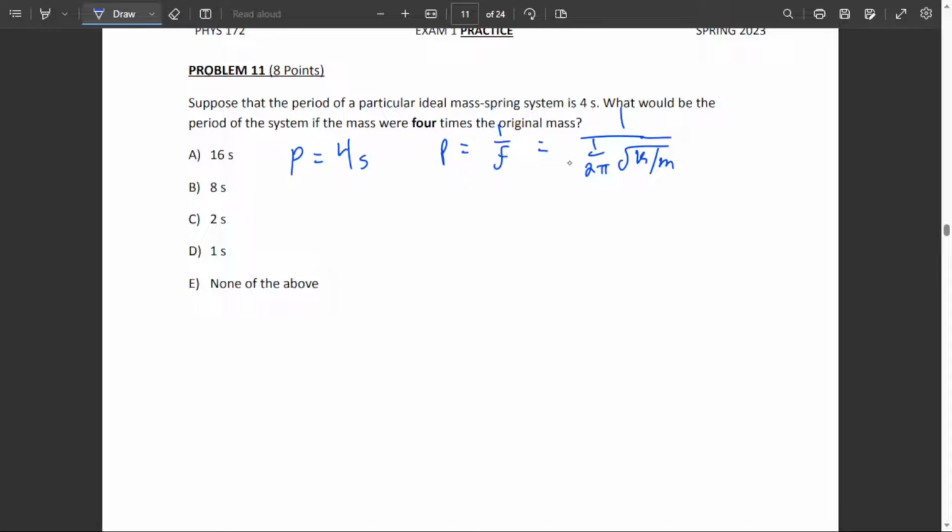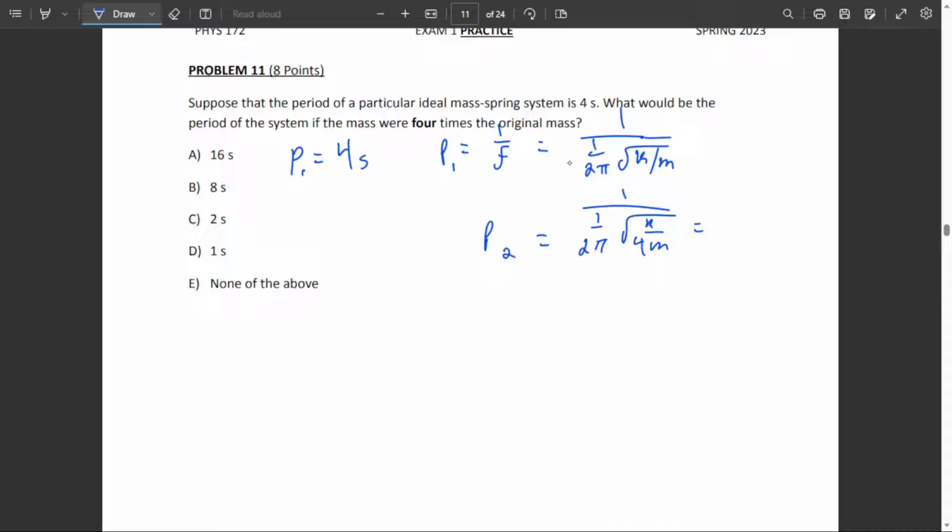And so we are asked what happens to the period if the mass were 4 times as large. If we calculate that, we get k over 4m. We can bring the 1/4 out. We get, call this P1, call this P2.